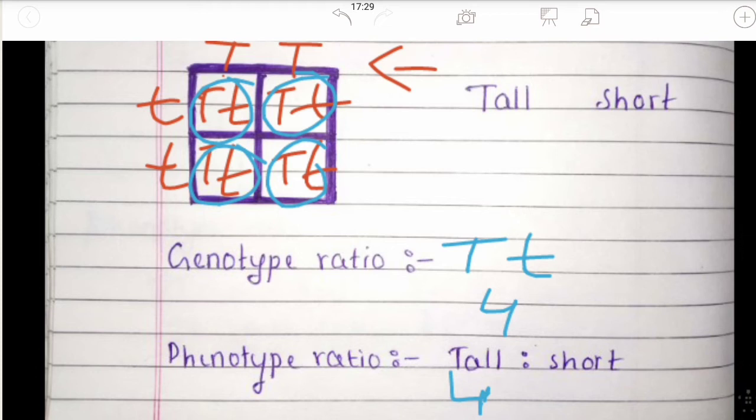Because capital T is the dominant character, whereas small t is the recessive character, so it will not express itself. There is no short plant formed, so it is 0. So 4:0 is the phenotypic ratio.